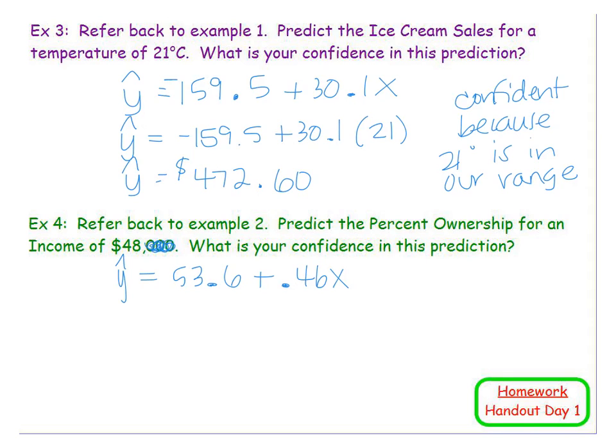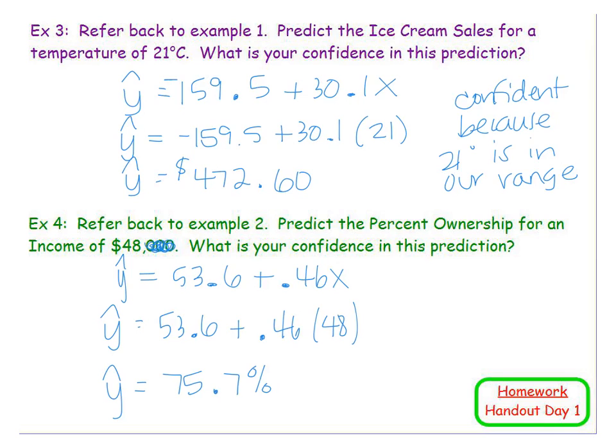So we're just putting 48 in the x spot. So I'm going to go y hat equals 53.6 plus 0.46 times 48. And type all of that in our calculator. And I get 75.7%.